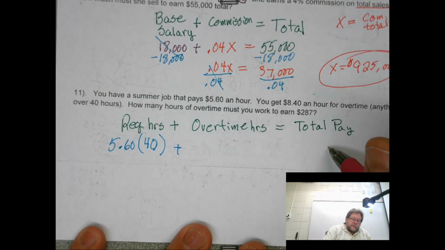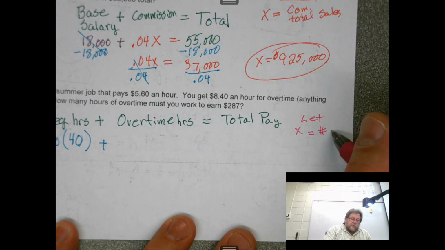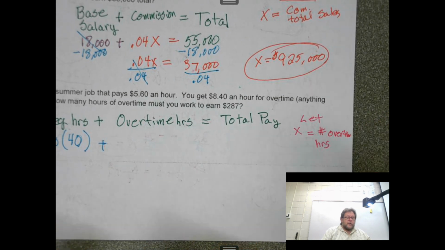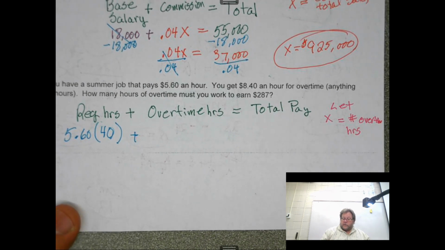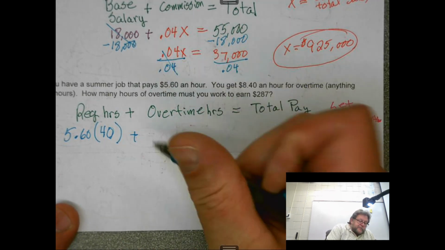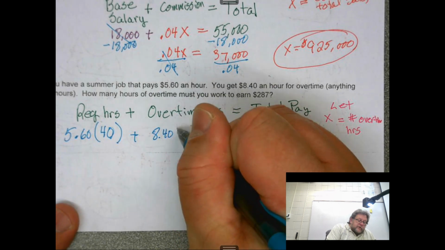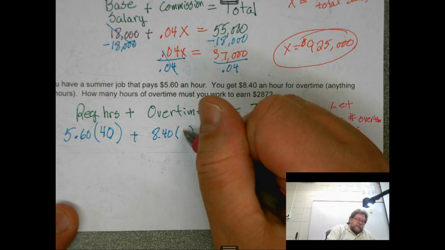I just don't know how many hours I'm working. That's where my variable goes. The total pay is given to me, and that total pay is 287. So now I got to solve for X. 5.60 times 40 gives me 224, plus 8.4X. I'm going to drop that zero. Equals 287.